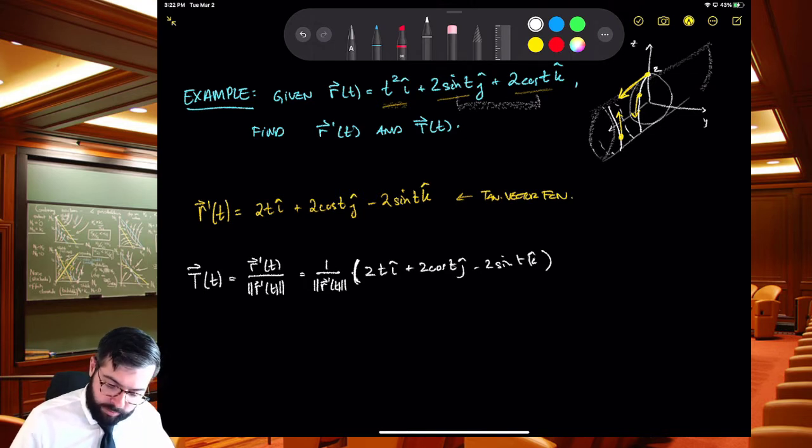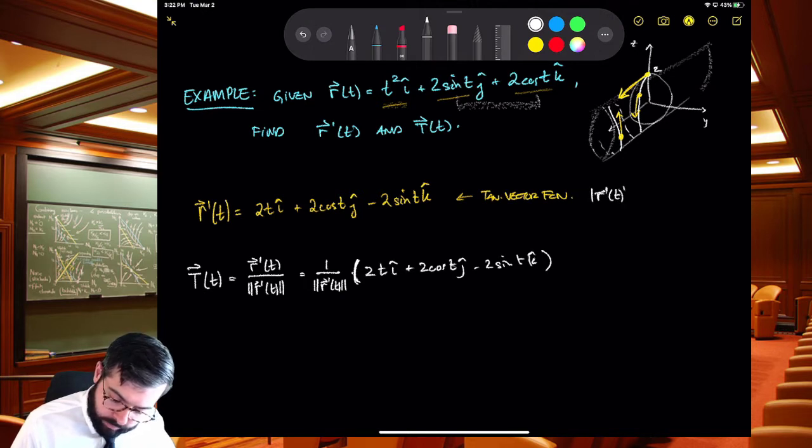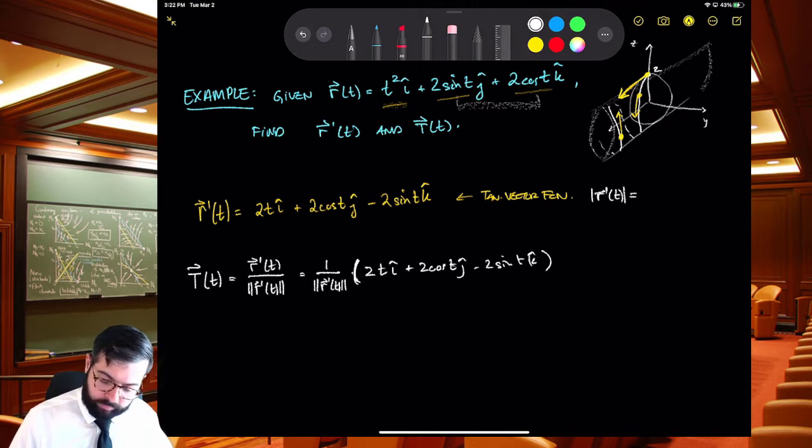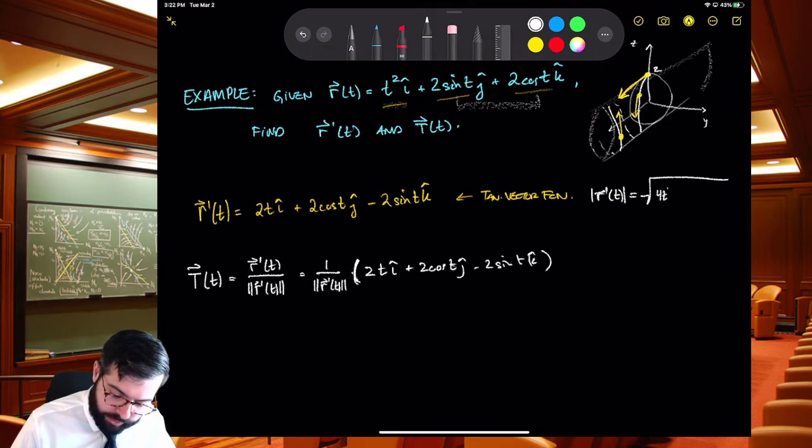And so we're going to need what that magnitude is. It's the length of the vector at time t. So that's the square root of 4t squared plus 4 cos squared t plus 4 sine squared t.